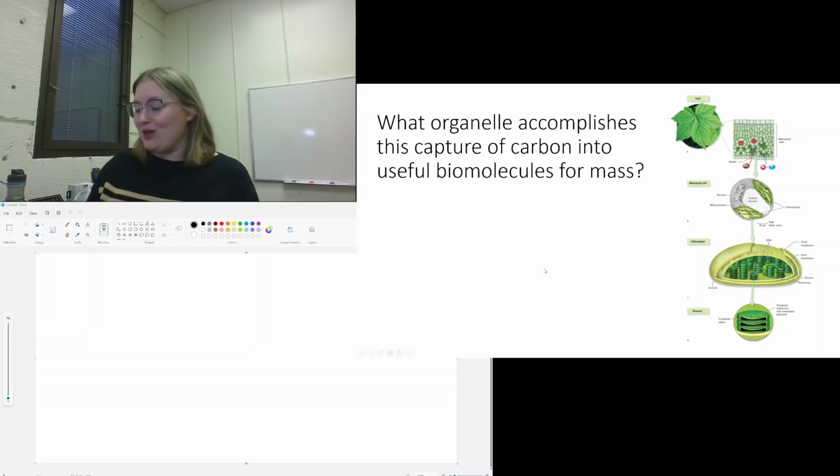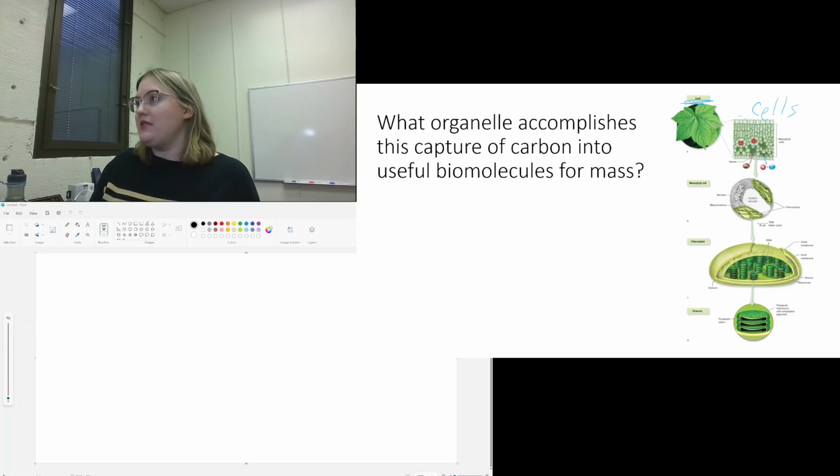Now, let's take a look at this diagram on the right. In our plants, because we're talking about plants here, we have leaves, right? Our leaves are green, they are the part of the plant that usually takes in the light. And leaves are made up of cells, okay?